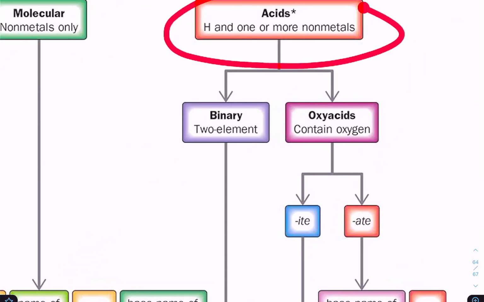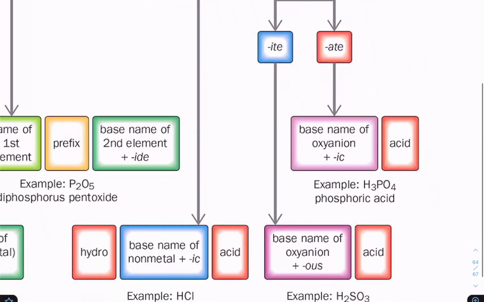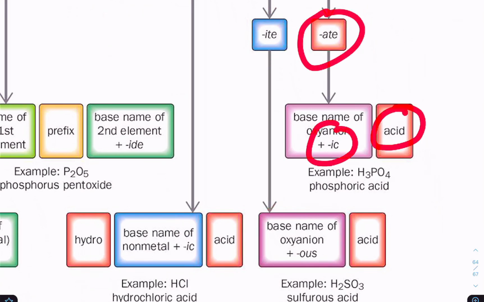Or acids, where it's hydrogen and one or more nonmetals. And then that breaks down into binary or 2-element acids, and then oxyacids, which contain oxygen. And then the naming rules for those. All right, so ITE becomes OUS plus acid. ATE becomes IC plus acid.